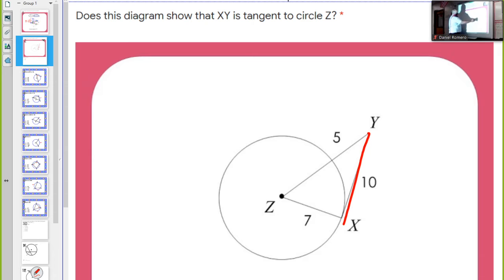And if XY was tangent, if they were meeting at this point of tangency, that would have to be 90 degrees. So what would that make it? What do you call a triangle that has a 90-degree angle? A right triangle. And since they give us all those side lengths, how can you test if 3 sides fit a right triangle?